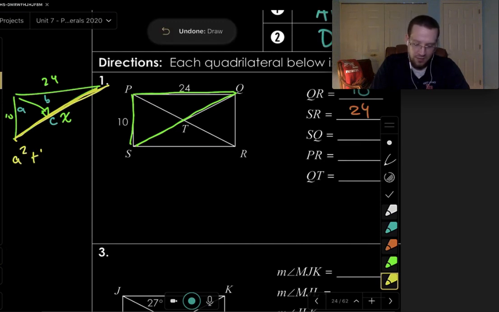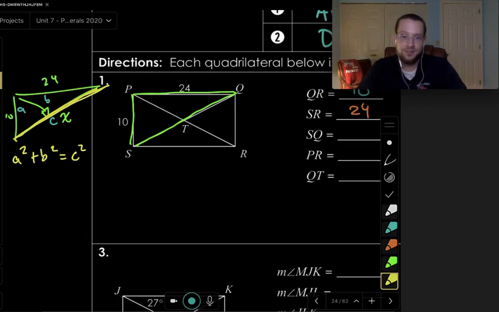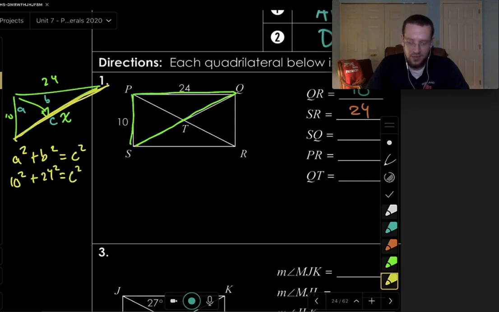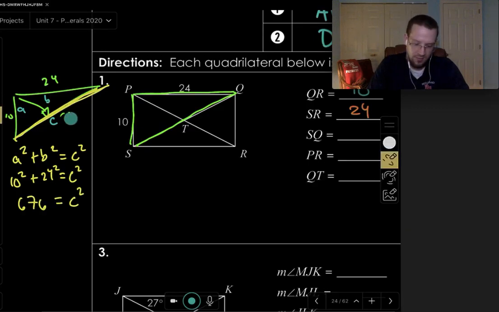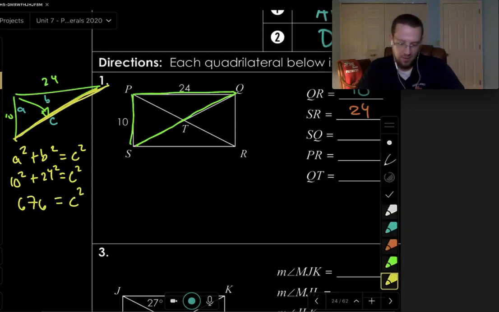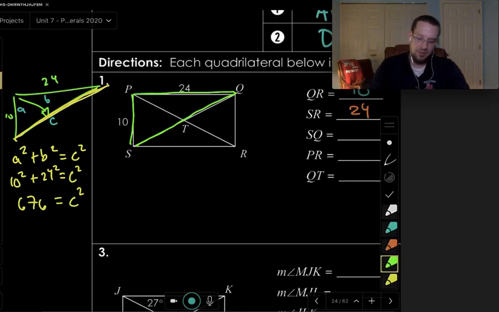A squared plus B squared is equal to C squared. So 10 squared plus 24 squared is equal to C squared. We do this computation and we find this to be 676, and this is equal to C squared. Now, this measurement isn't 676.